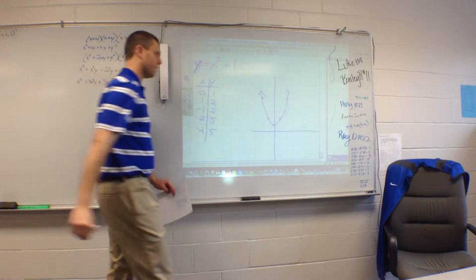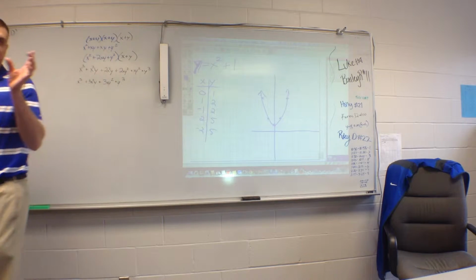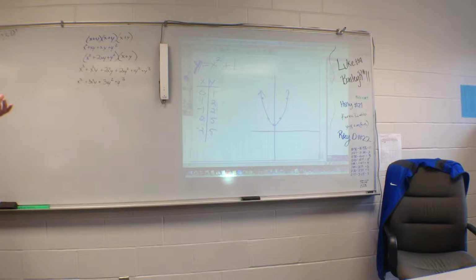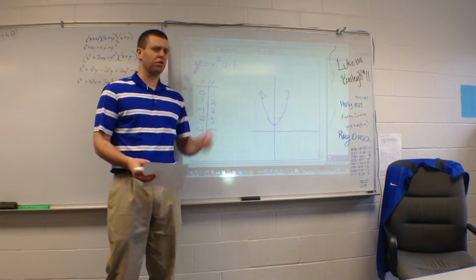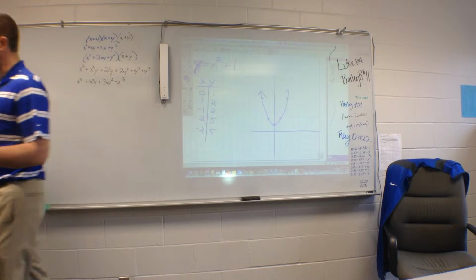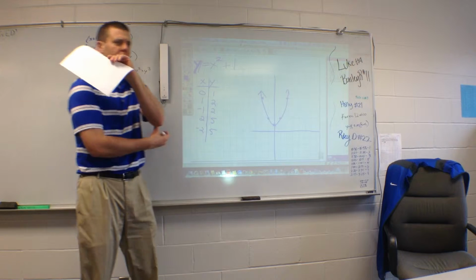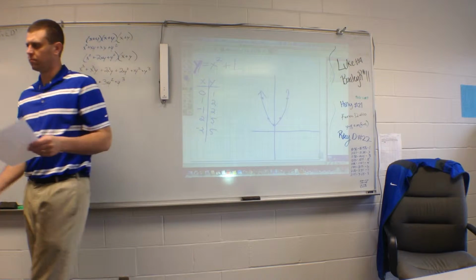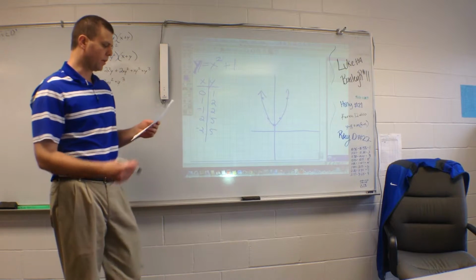So y equals x squared plus 1: a perfect normal parabola, just like the parent function, y equals x squared. It's just been shifted up 1 unit because of the plus 1 that is after the x squared term. Okay? Any questions on that one?